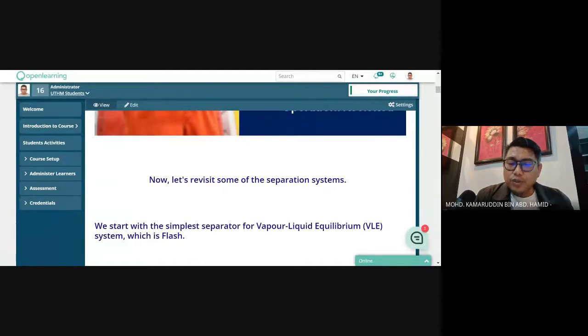But how you want to define this, basically you need to look at the reaction rate. If you have a forward reaction, A plus B becomes C plus D, for example, where C is your desired product and D is your side product, then in order for you to produce more product C, you need to have the highest conversion possible, right?